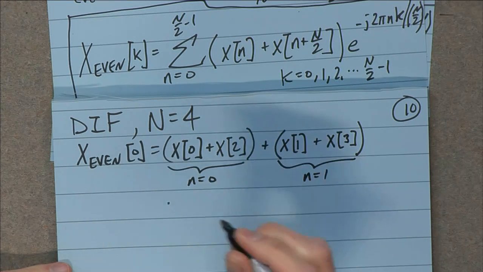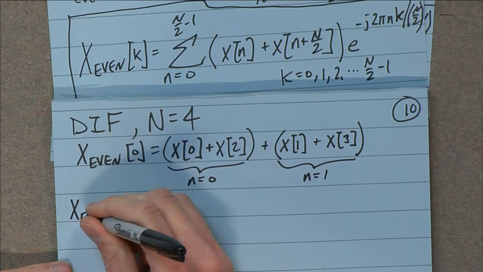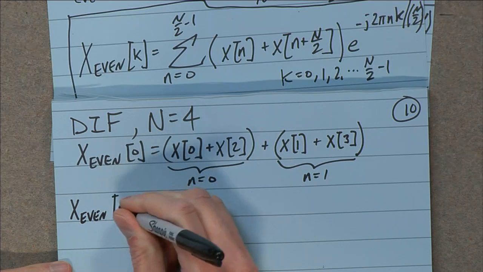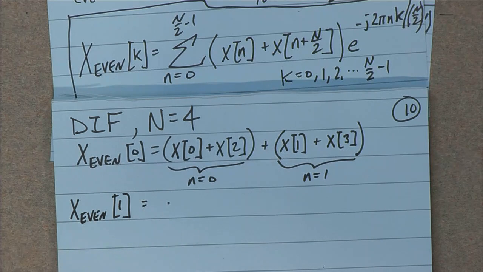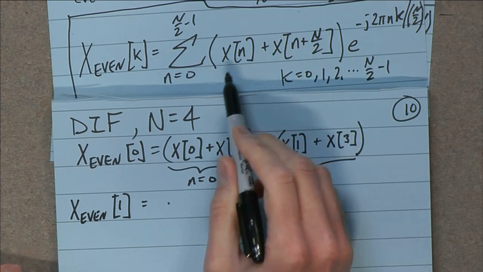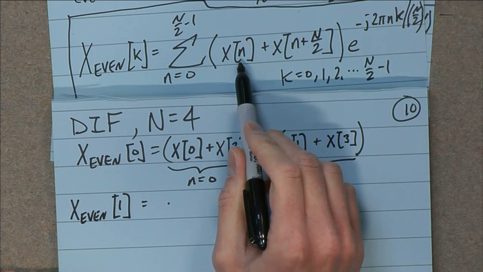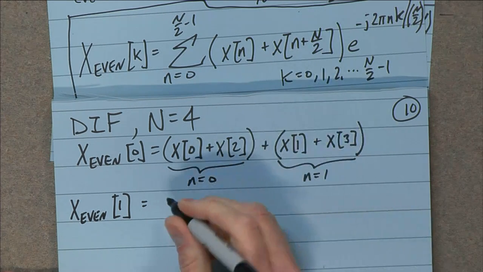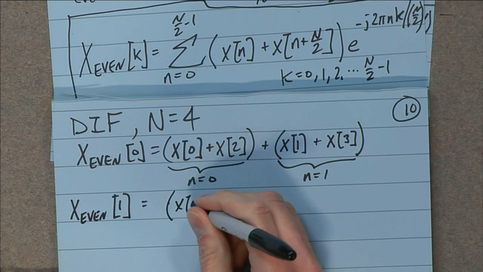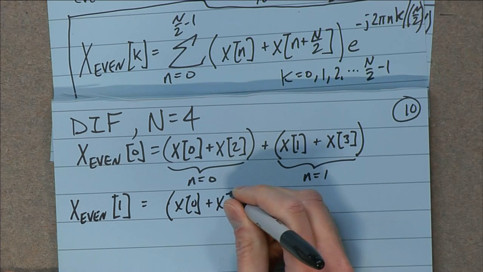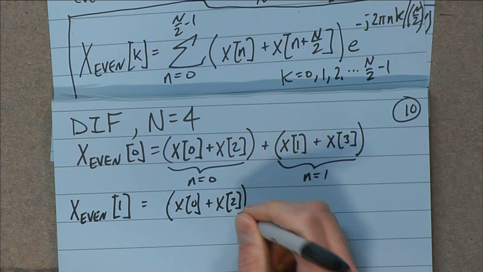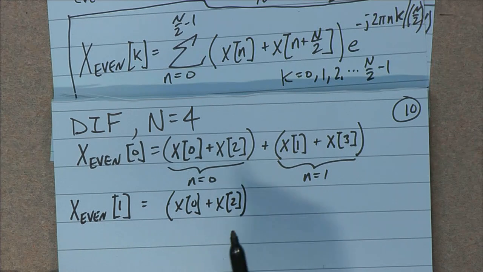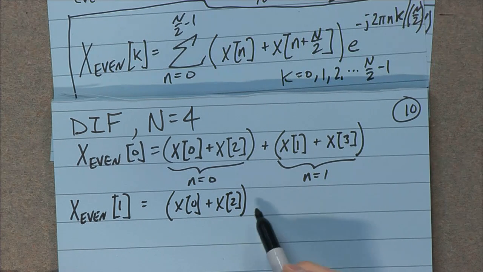So let's look at our next output. So here's our even sample. If k is 1, it doesn't really matter yet because n equals 0 there. So we have the same thing in the top and the bottom so far. But now what about the twiddle factor? k is 1, but n is 0.